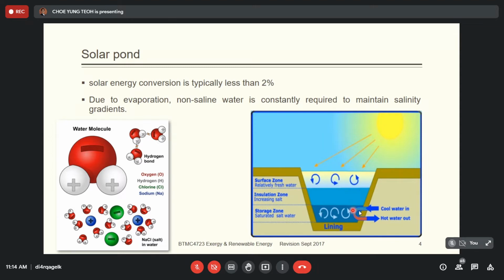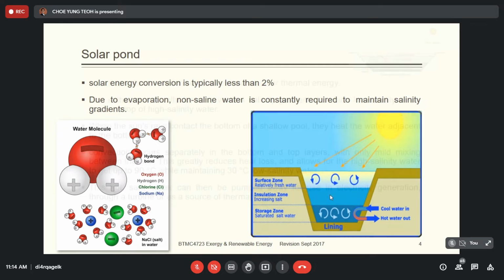After this, the bottom layer is the saturated salt water, with a very high concentration of salt. Then the second layer has a lower concentration, and on the top, an even lower concentration. So it automatically makes a few layers. Of course, not just 3 layers; there will be many layers.